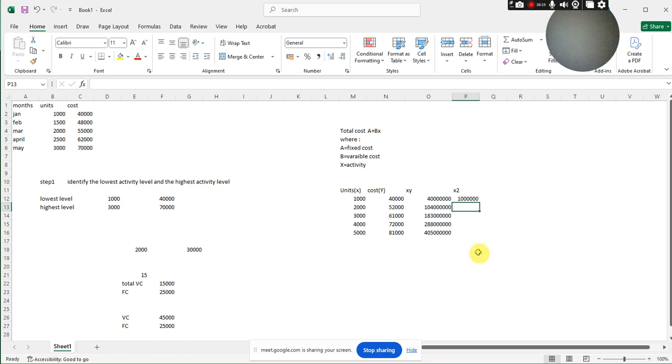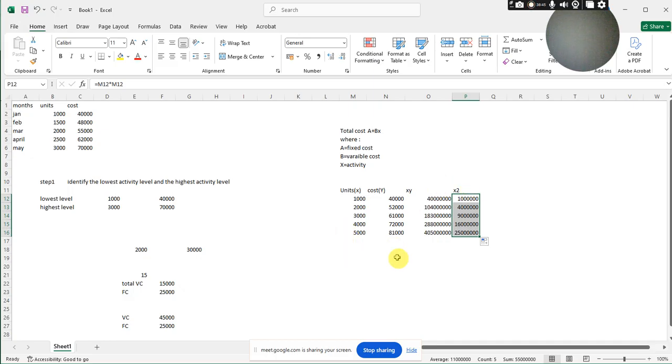Enter. We drag down to copy the formula. Can you see the calculation? Yes, sir.